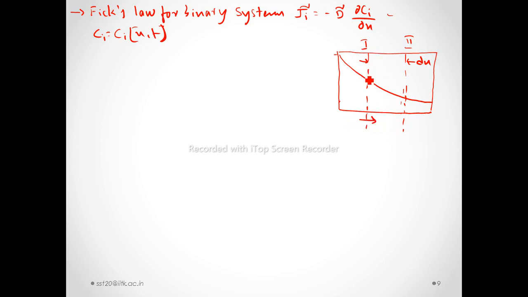Then we can say the flux of plane 1 can be written as ji tilde 1, and for the second surface ji tilde 2.